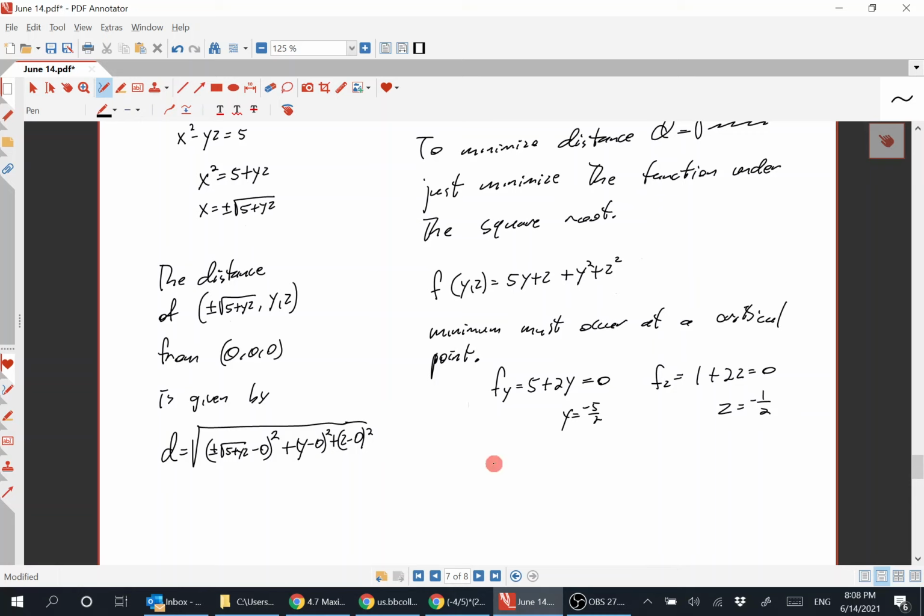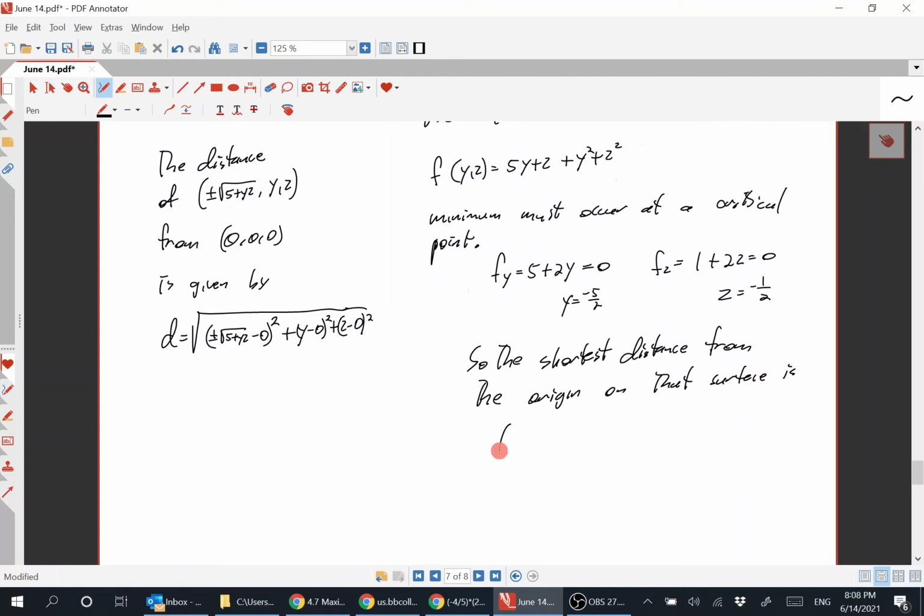Right? So the smallest distance from the origin on that surface is, well, the y is minus 5/2. The z is negative 1/2.